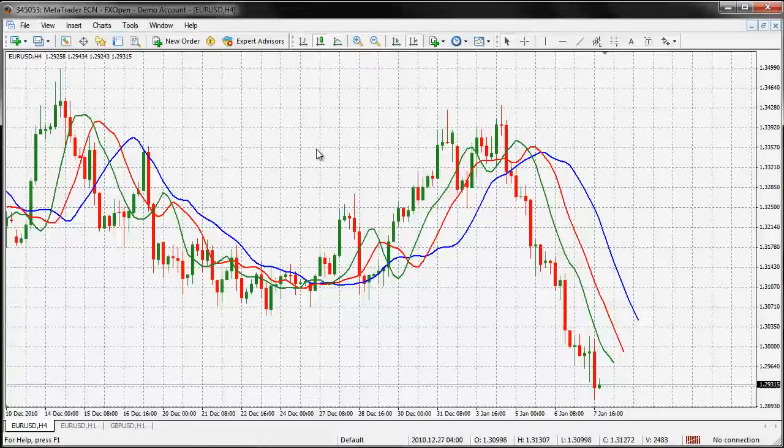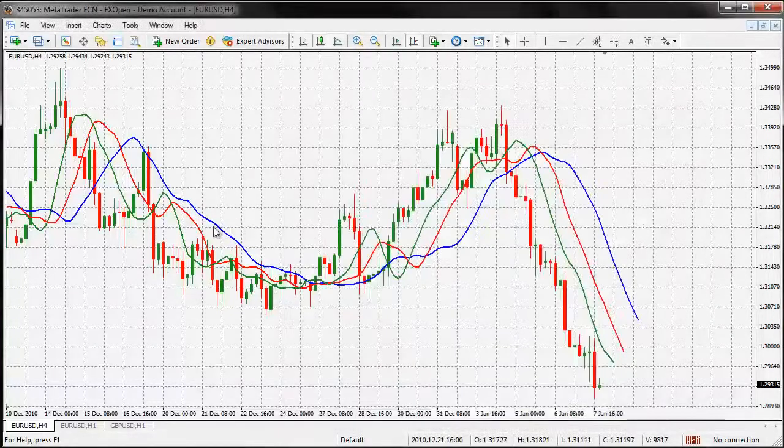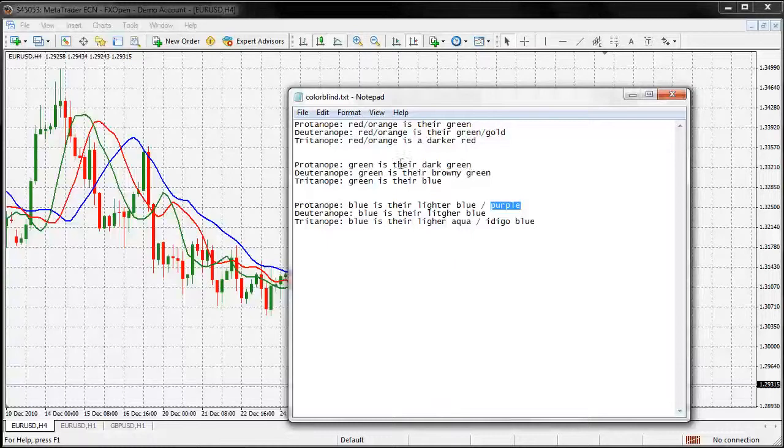Now I hope for those of us that might be colorblind can actually see this. Let me just get my tool out because blue comes out like a purple. So this here is a blue color, so if you're colorblind this might come out purple. Alright, red comes out green, so this is red here.